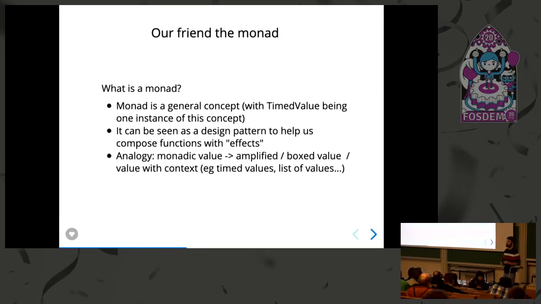There is a useful analogy, which is to say that you have a monad and you have monadic values. For instance, a plain value is an integer, and the monadic value is a plain value plus time of execution. So it can be useful to see a monadic value as a value plus a context.